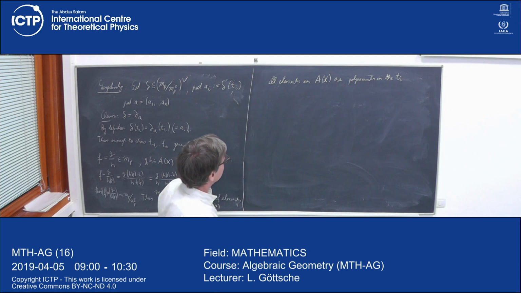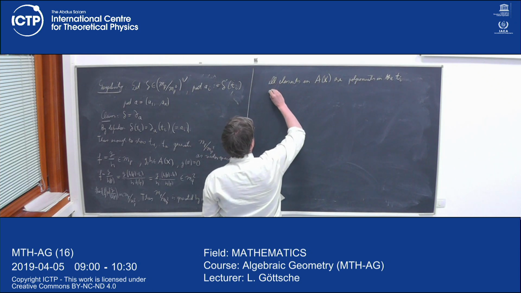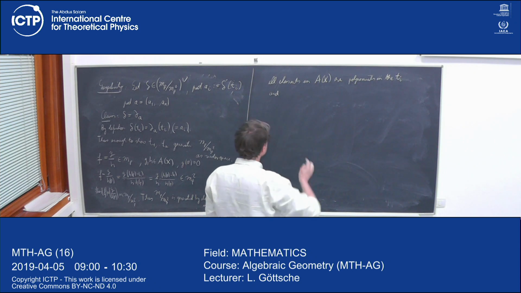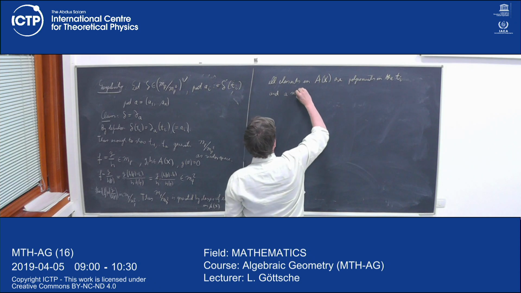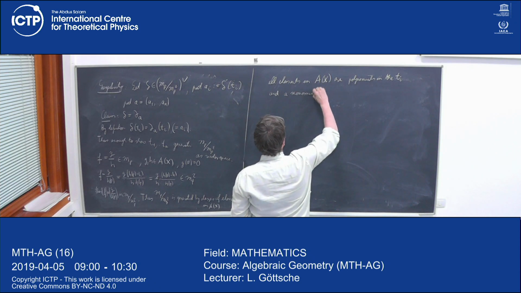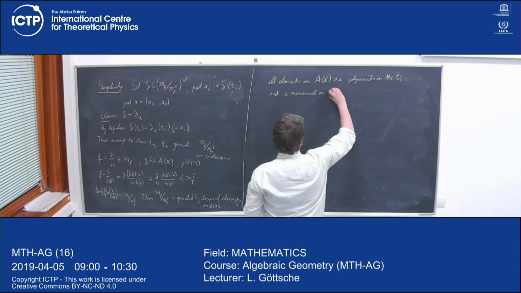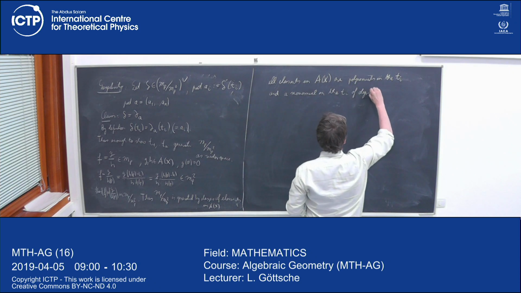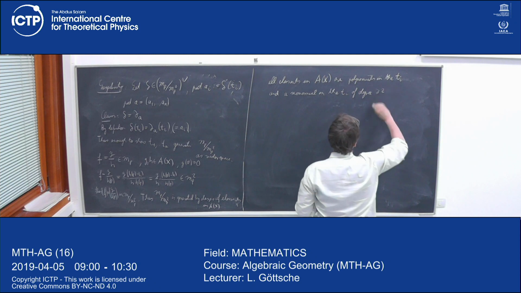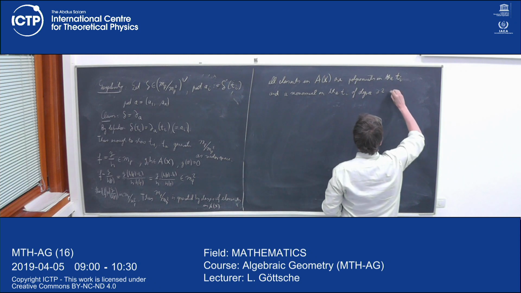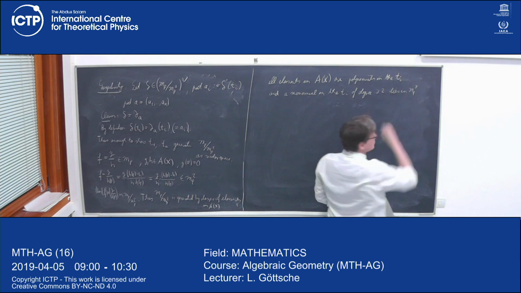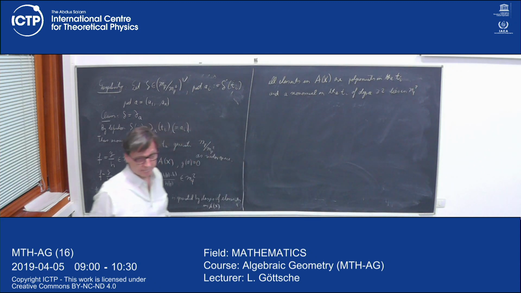And so if I take the product of two, a monomial in the Ti of degree bigger or equal to 2 lies in MP squared, because Ti lies in MP.